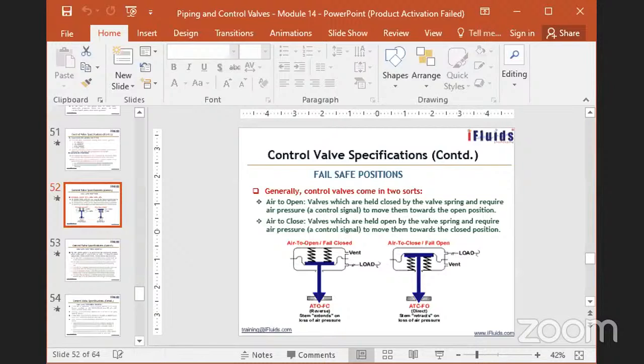Another one I can tell you is the furnace controls. Furnace flue gas is going to the atmosphere, and we have a damper in the stack. The flue gas is used for heating boiler feed water. That is called an economizer.